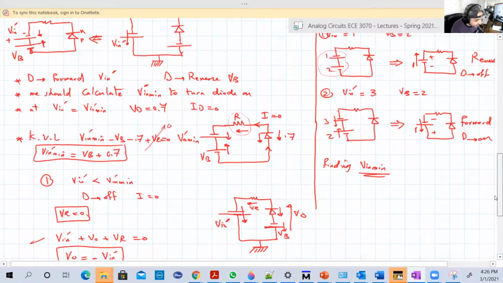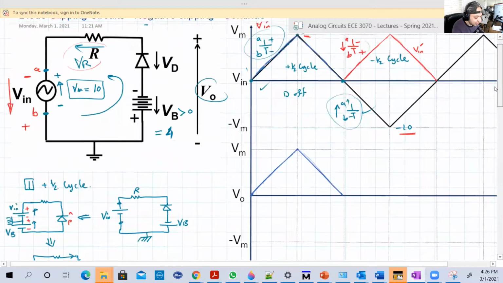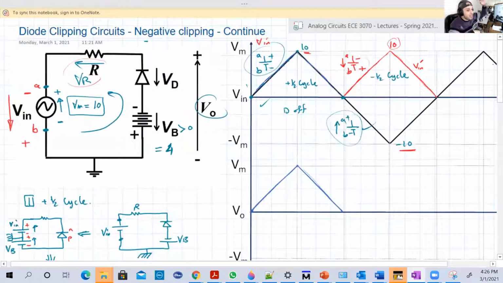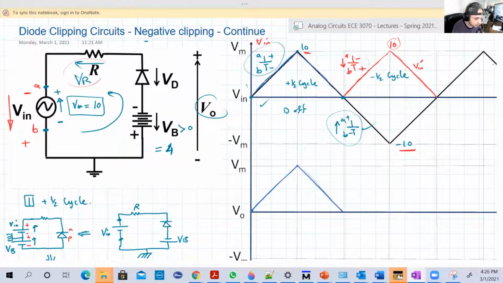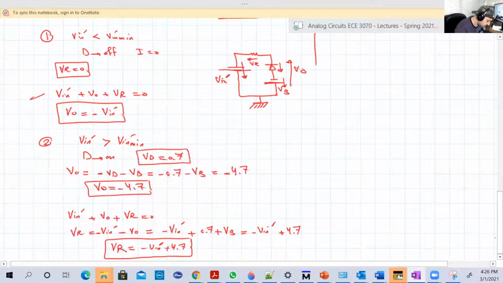Now, the next cycle, I will not call it negative half cycle, or it's negative half cycle if you assume all the time that A is positive and B is negative. But we're going to stick with the red one here. So we can say it is the second half cycle, in which A is negative and B is positive, and we are dealing now with V input dash, the red one. Let's check the equations. We have two situations. The first one is when V input dash is less than V input dash minimum.